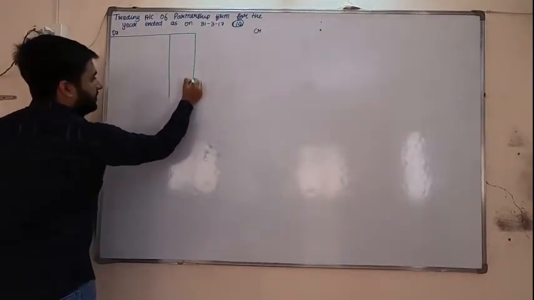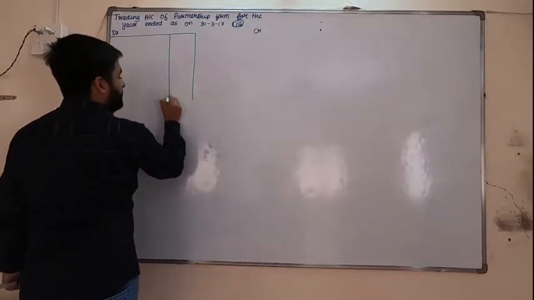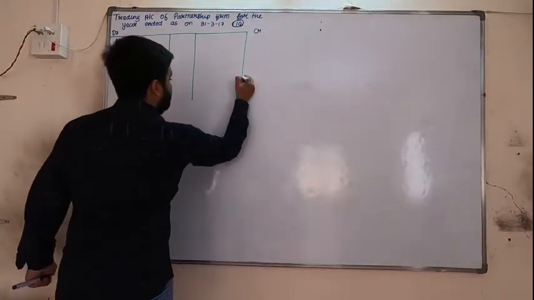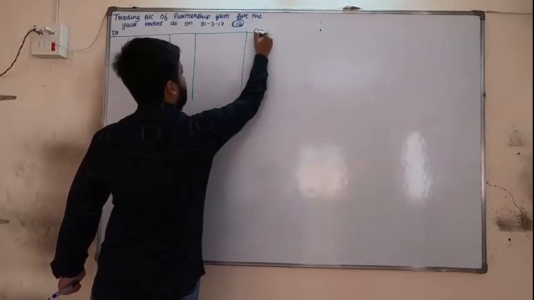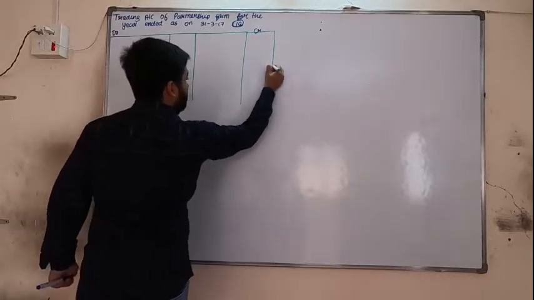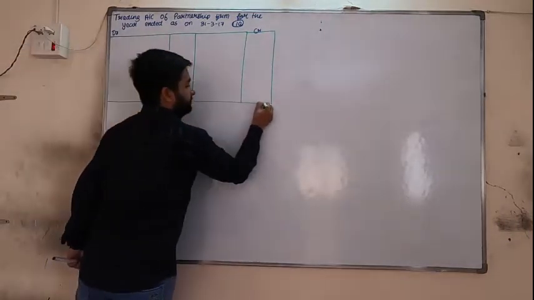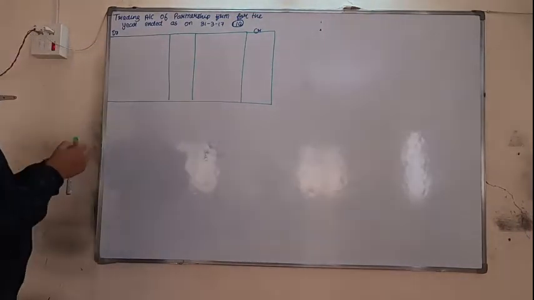Please listen to my words, because today there will be so much limitation of space in the sum. So please listen to what I am speaking and write on the basis of that. Otherwise you will not be able to see. So this is the trading account.